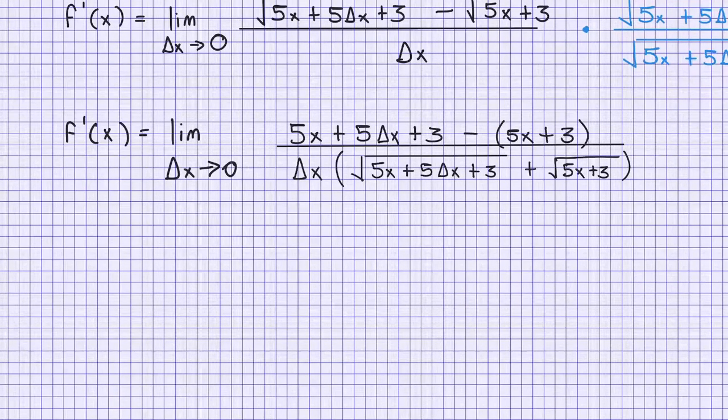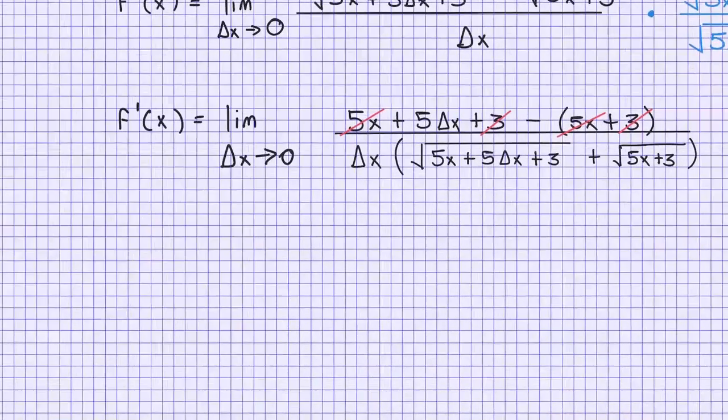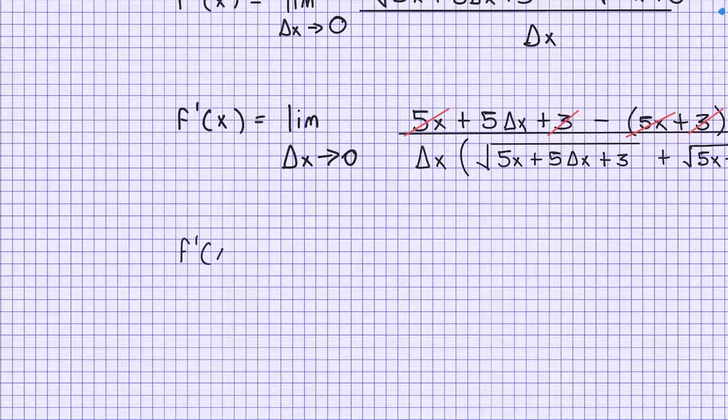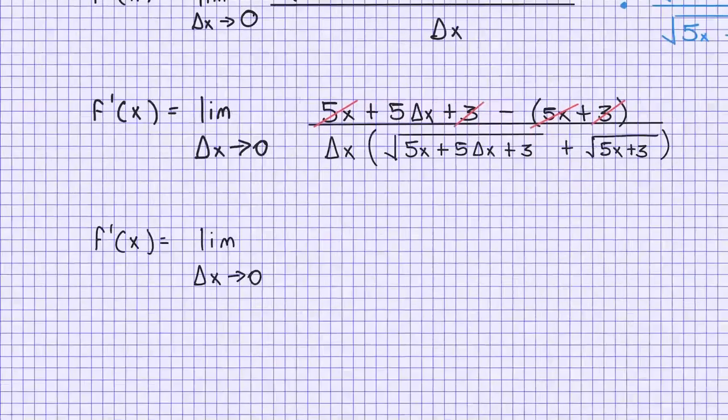Now, if you see, we can start making some progress as we can start canceling. For example, these 5x will get canceled with these 5x, since they're subtracting. The 3 will get canceled with this 3. And now it looks better. Now the slope is the limit as delta x tends to 0 of what?